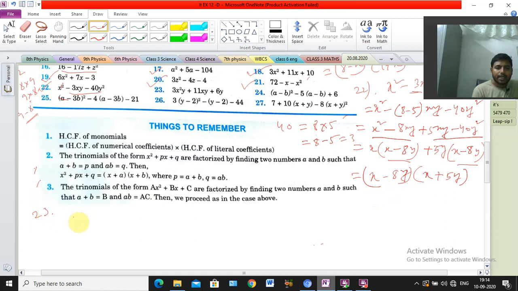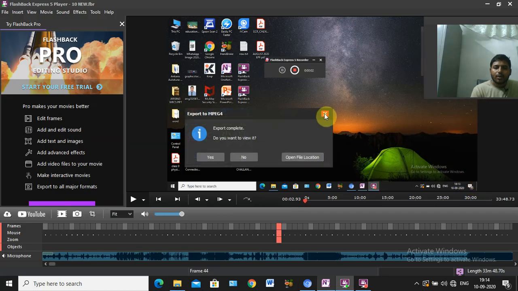So at first I am writing the question: 3x square y plus 11xy plus 6y. Okay, 3x square y plus 11xy plus 6y, this is the question. So what to do here? See, at first a little problem was there. Why a little problem?